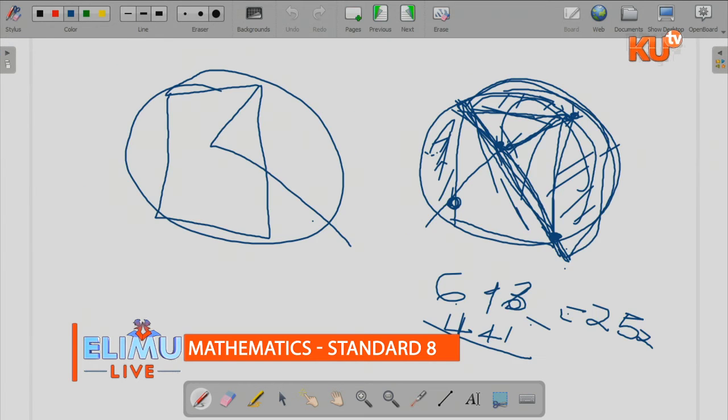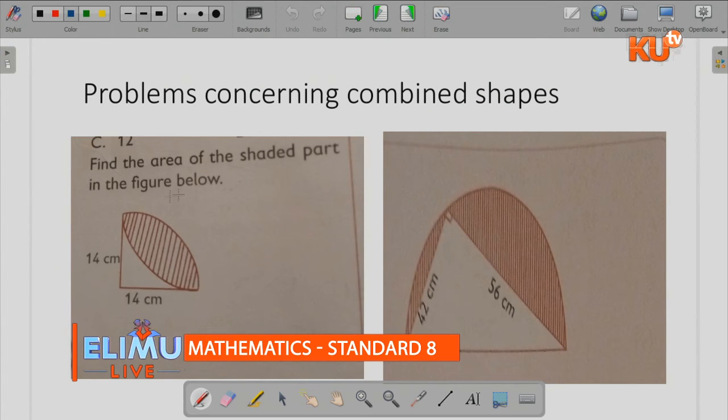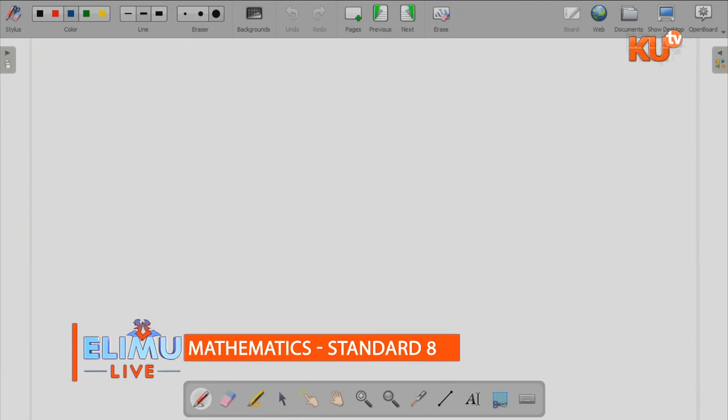When I move to this one on the left side, read with me, find the area of the shaded part in the figure below. Remember, that is quarter circle. Why? I told you if the sides are the same, it is quarter circle. So what do you do? This is what you do.